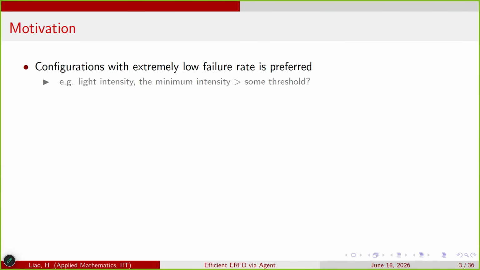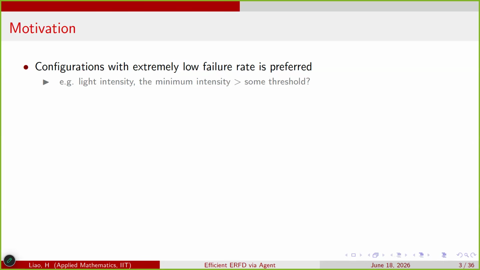And if performance cannot achieve the ideal or some threshold of this metric we set, then we say, okay, it failed. So we are considering the configurations where this kind of failure happens for different metrics within the design.